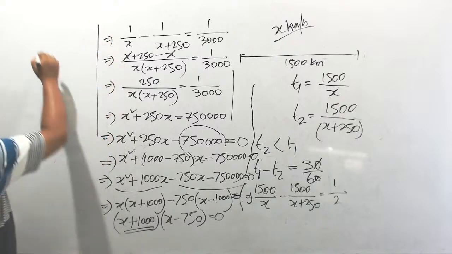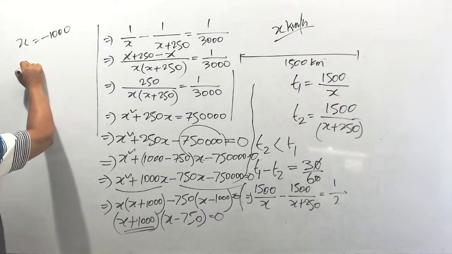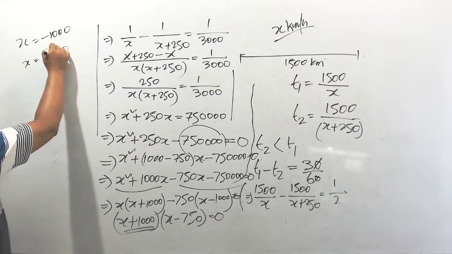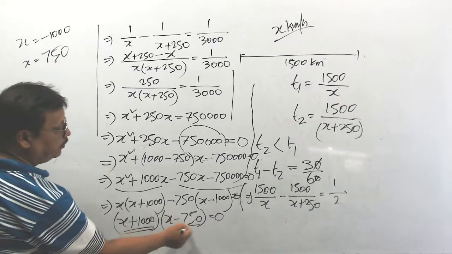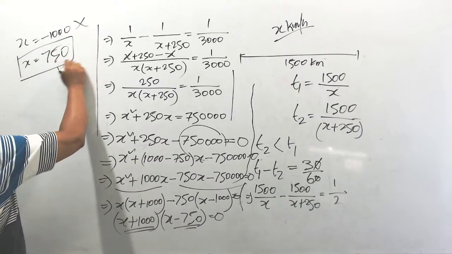That is, either x equal to minus 1000 or x equal to 750. 750 will return you positive. So this is acceptable, this is not acceptable.